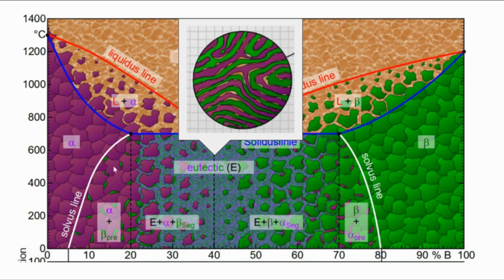As you move closer to the eutectic, you can see that you're getting less and less solid alpha crystals, and it's getting closer and closer to that eutectic composition. And as you go back towards the solvus line, you can see more and more solid beta crystals appearing in solution until eventually it's entirely solid beta crystals as you cross the solvus line.